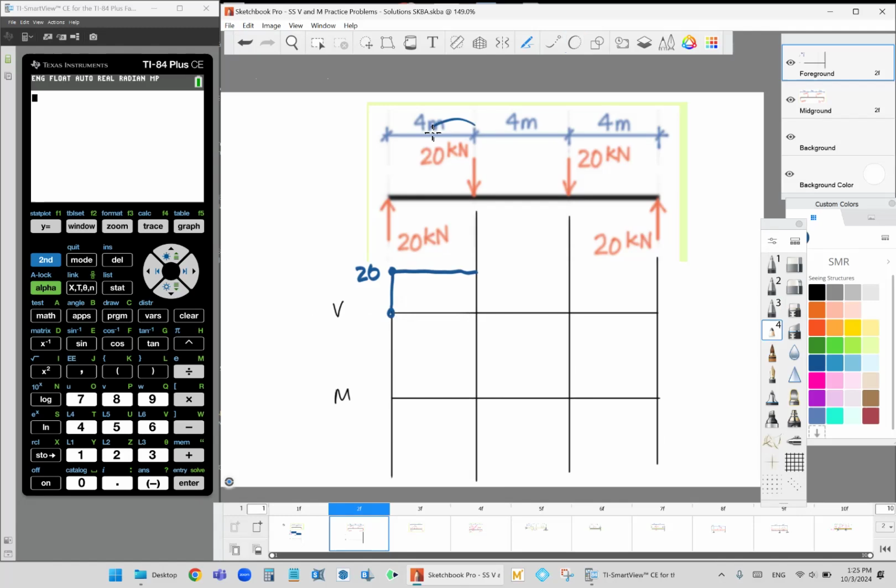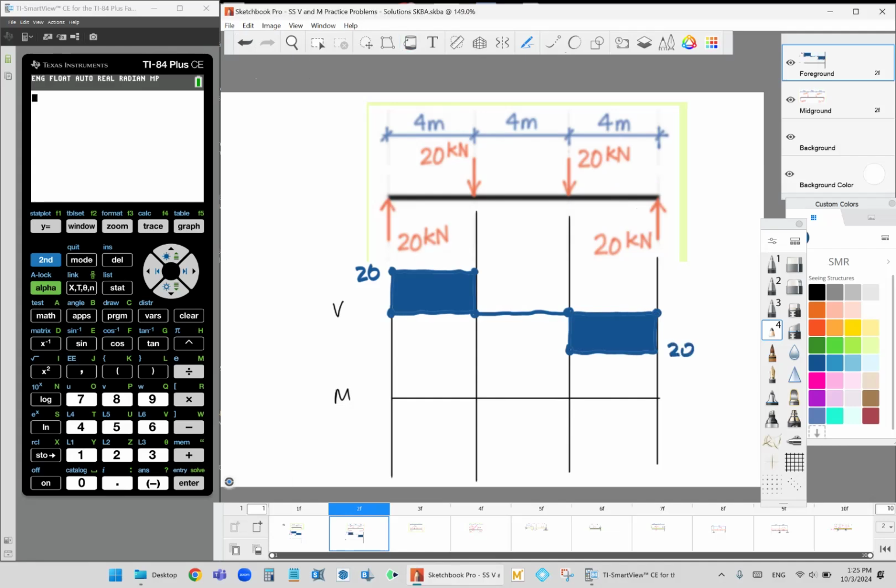Nothing happens. Decrease by 20. Nothing happens. Decrease by 20. Nothing happens. And increase by 20 to get back to 0. All right, so there is our shear diagram.